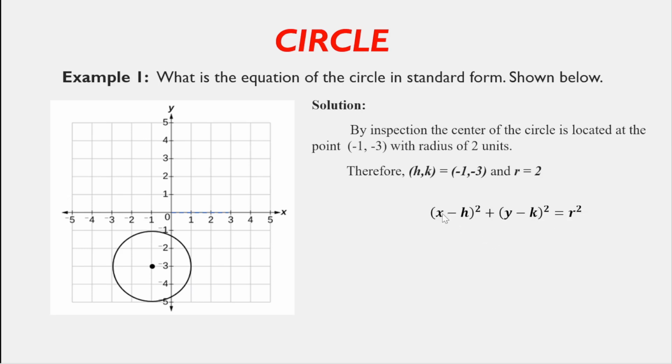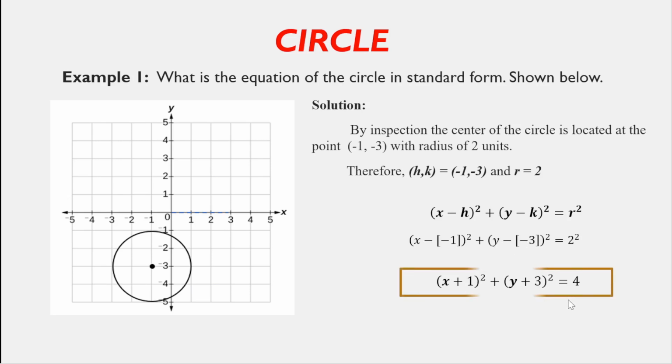So we have (x − h)² + (y − k)² = r². As we substitute, it becomes (x − (−1))² + (y − (−3))² = 2². As we simplify further, x minus -1 becomes x plus 1, and y minus -3 becomes y plus 3.